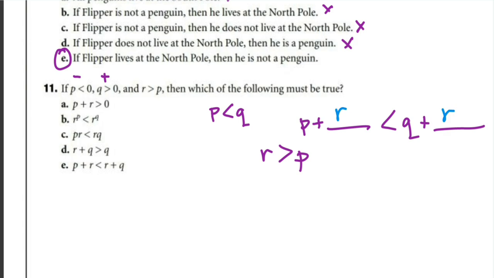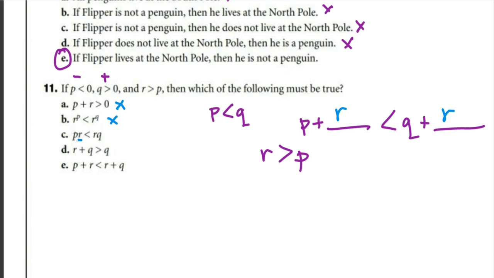Which of the following must be true? P plus R is greater than 0 cannot be, because this is less than 0. Then R to the P, R to the Q. P is negative. Okay, this is not true. P times R, R times Q. Well, we don't know R here.